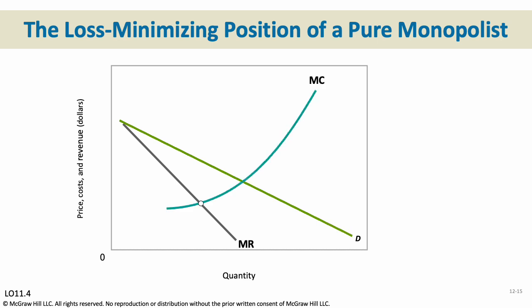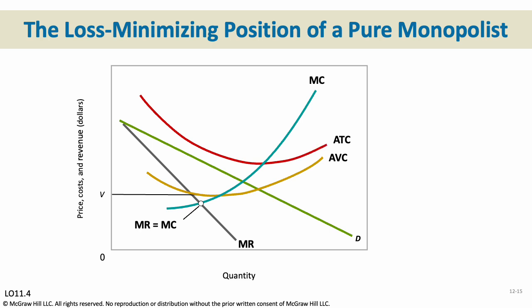So in this case, if demand is weak and costs are high, the monopolist may be unable to make a profit. So in this case, PM, or our monopoly price, exceeds average variable cost, or V. The monopolist will minimize losses in the short run by producing at that output.